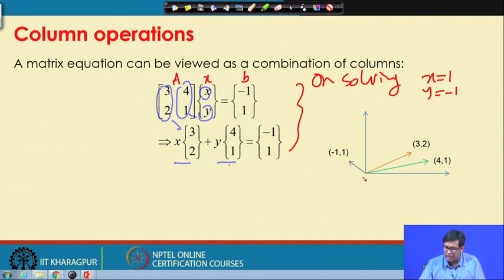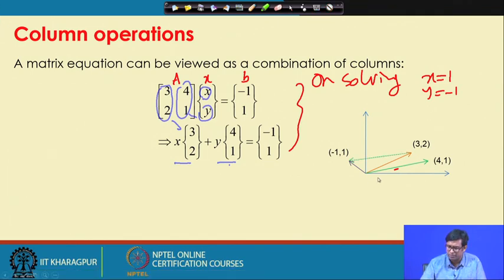That means, I will add a minus of this vector with this particular vector. So, we do this operation, we add this one and we get the resultant vector. So, this equation becomes a vector addition only.